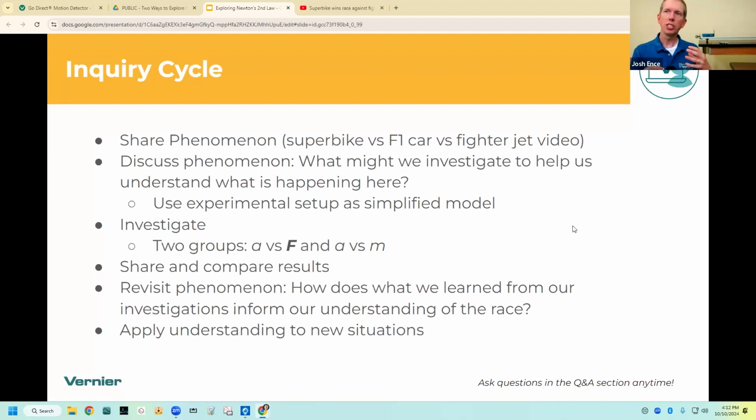Because you start with this phenomenon, you want to end with it as well. So you loop back and say, okay, now that we know the relationship between force, acceleration, and mass, how does that explain what we've seen in this video? And then you give them an opportunity to apply it to a new situation. That's the cycle, and that's what we'll go through today.